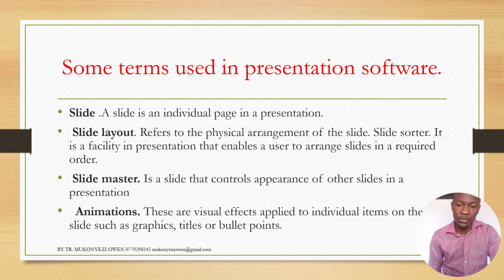That is the layout of your slides. Then the slide sorter enables a user to arrange slides in a required order. So when you want to arrange your slides in the order that you need as the user, you use a slide sorter.